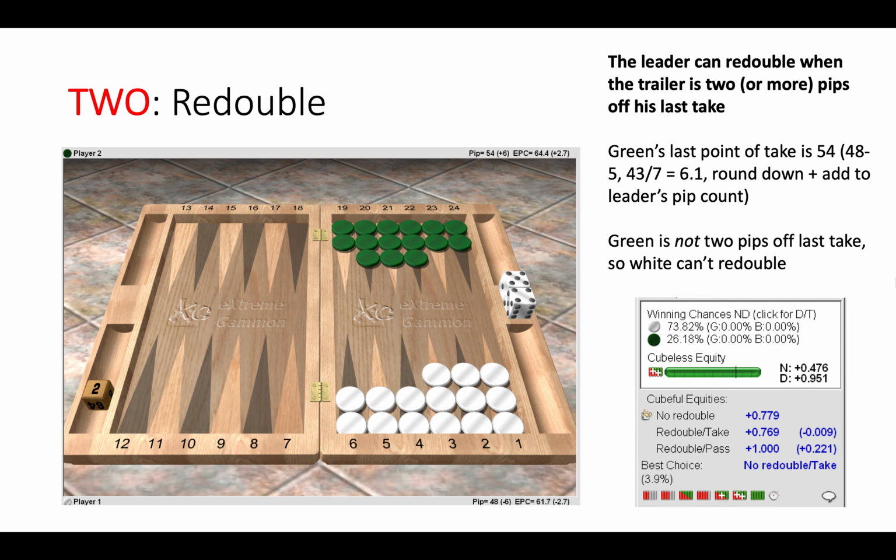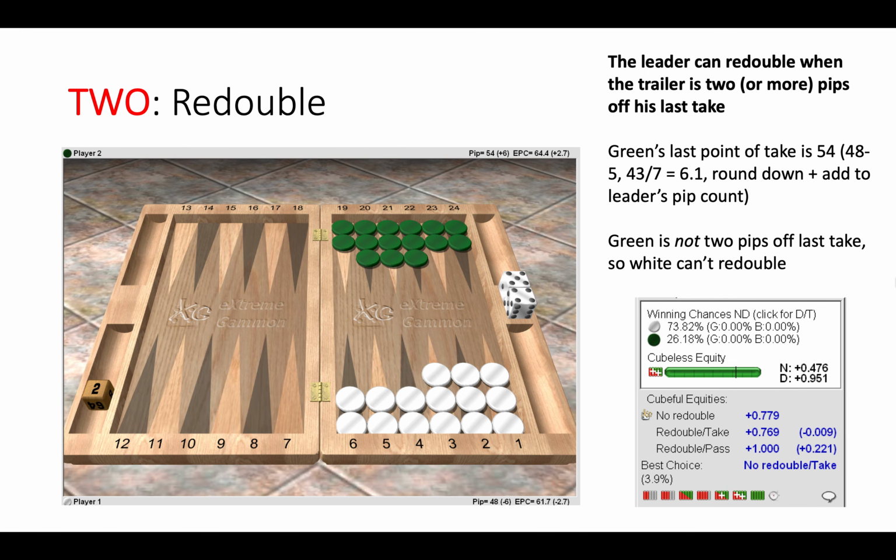Green's last point of take is 54 and green is on 54 pips. So white can't redouble because, as we saw at the top in bold, it needs 2 or more pips off the last take. And here green is on 54. Green's last point of take is 54. So this isn't even a redouble for white. There needs to be more of a pip difference.